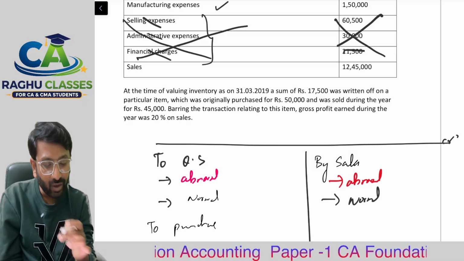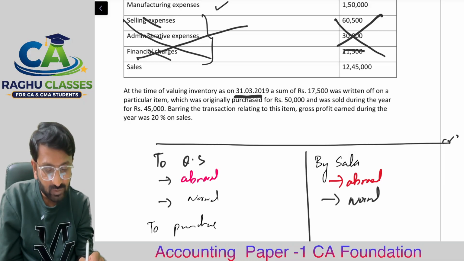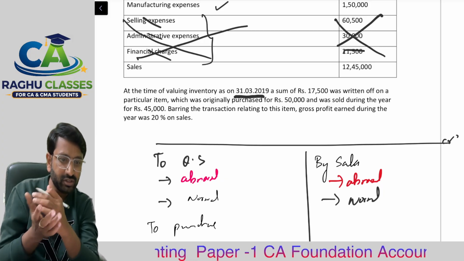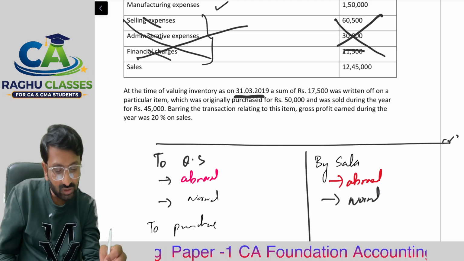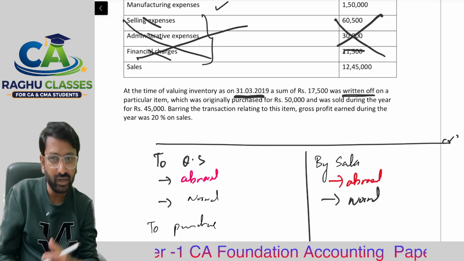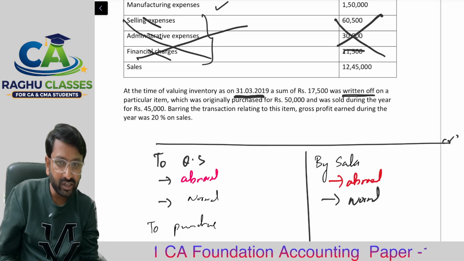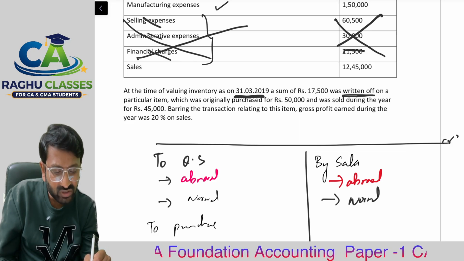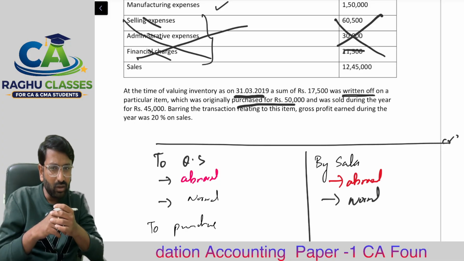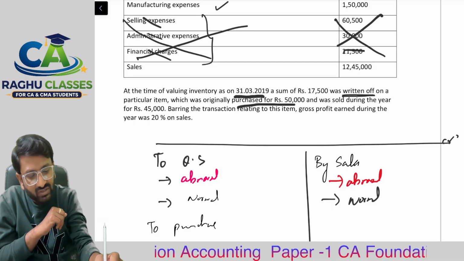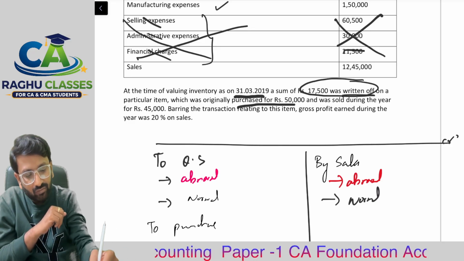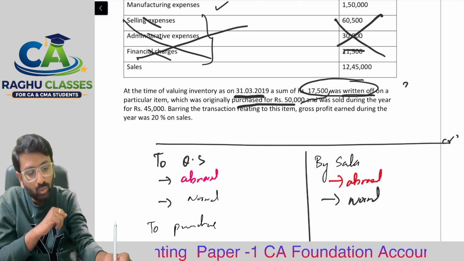At the time of valuing the inventory on 31st March 19, there's nothing but the closing stock of the last year. 17,500 was written off. Can I say written off is nothing but eliminated on a particular item whose original cost is 50,000. So if out of the 50,000, 17,500 was eliminated, we would have valued that item at 32,500.